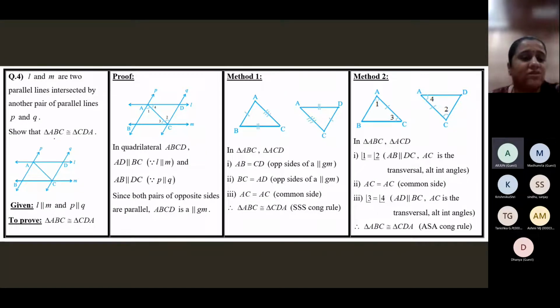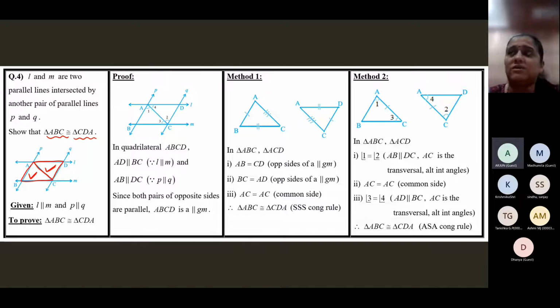We need to show that triangle ABC is congruent to triangle CDA. So this triangle ABC is congruent to CDA, this triangle. So we need to show that this triangle is congruent to this triangle. That is, we'll have to show that these two triangles are identical. We don't have the triangles in our hand.